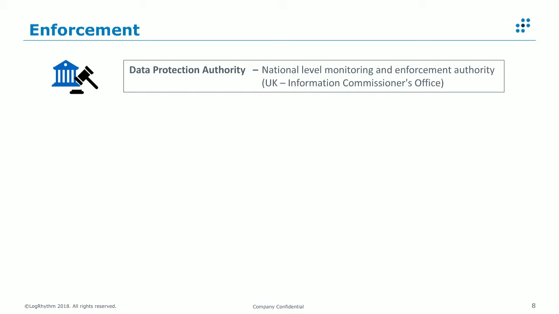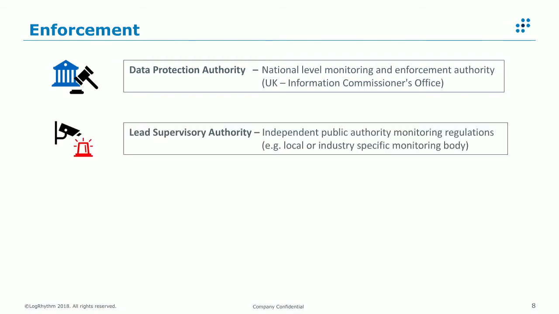And for United States-based companies, it's somewhat of a similar issue. We don't have a national level DPA, so can you attach yourself to one of the EU ones? And what's the legal chain there? Because the step below DPA is what's known as a supervisory authority, or sometimes a lead supervisory authority. And this is sort of the independent public authority that monitors the regulations on behalf of the DPA.